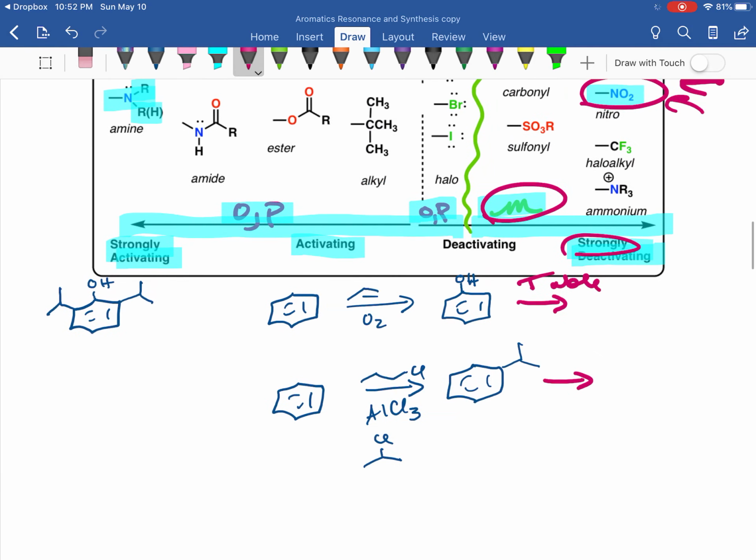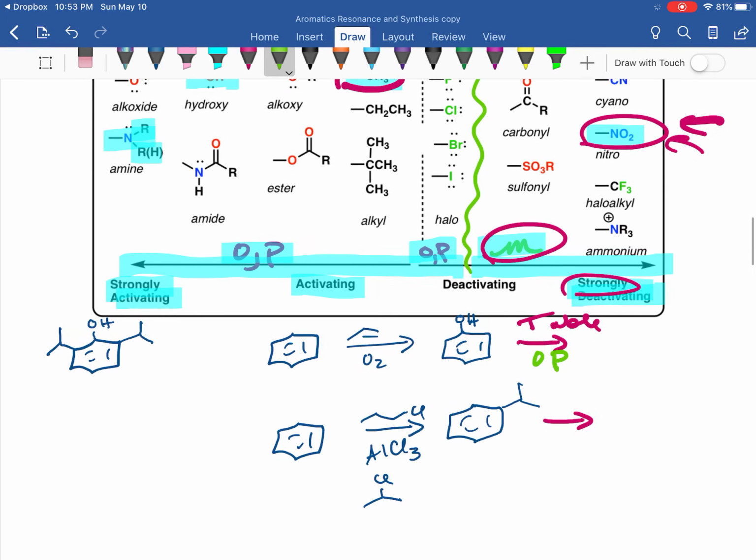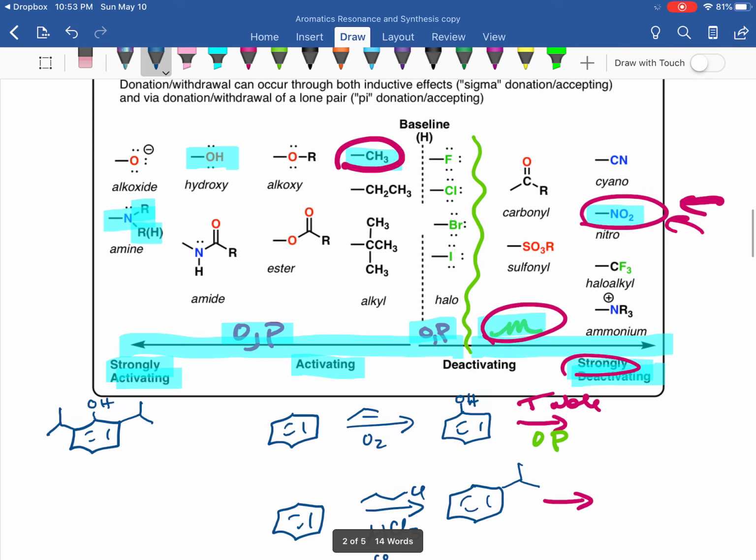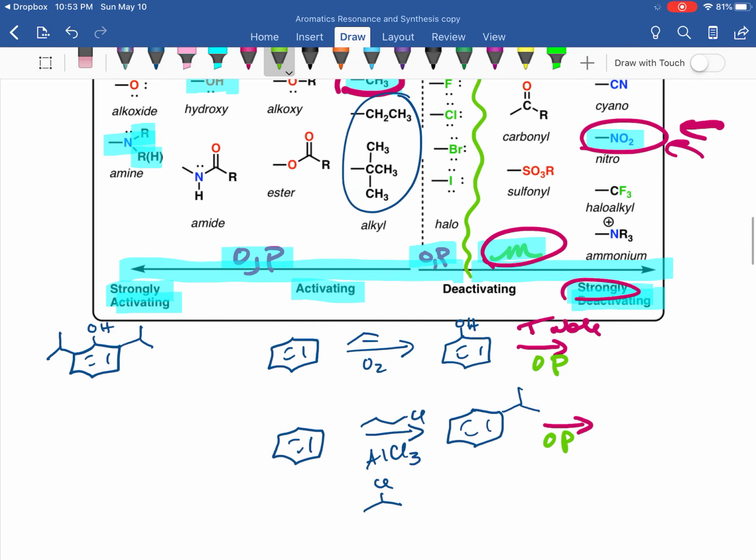Okay, so I'm going to check my table. Remember, your second step is where you check that table. So phenol is one of our strong ones, and it is ortho para. Ortho para, okay? And our isopropyl is one of our alkyl groups, and that is also ortho para.